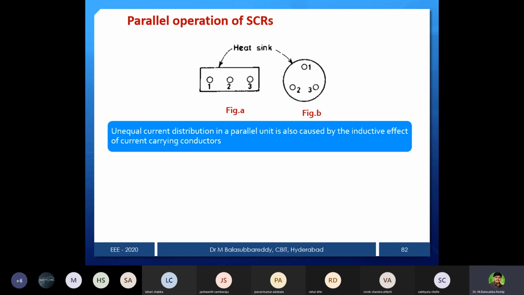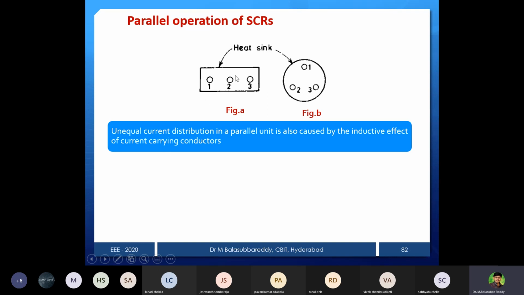So in that case, we have seen that one unequal current distribution in a parallel unit is also caused by the inductive effect of the current carrying conductor. Suppose you consider these are the three SCRs, and the current carrying conductors will be like this. Then what will happen?